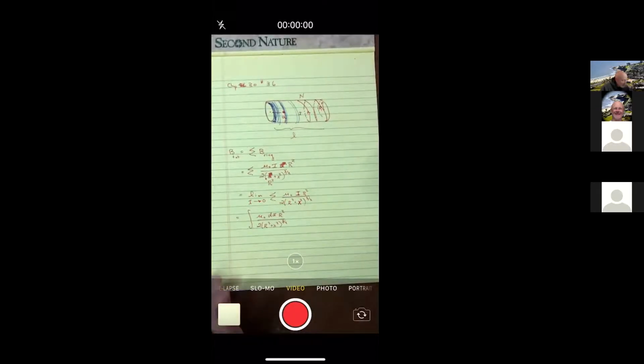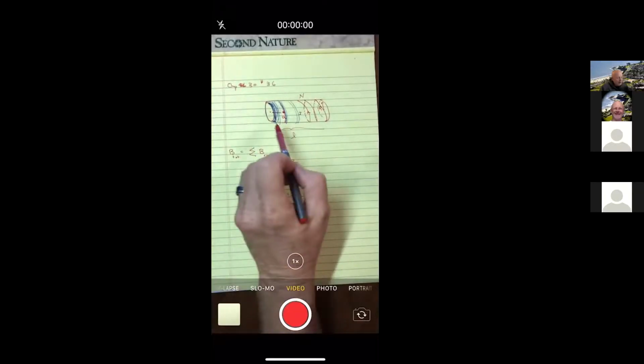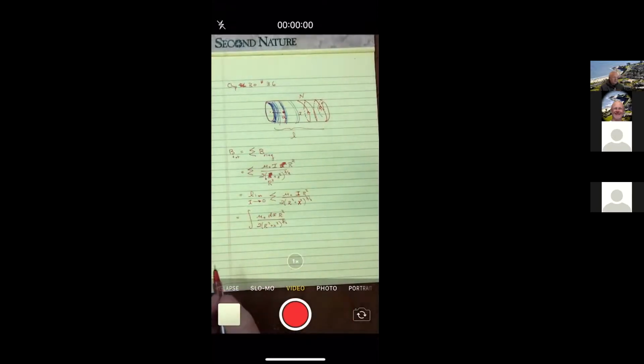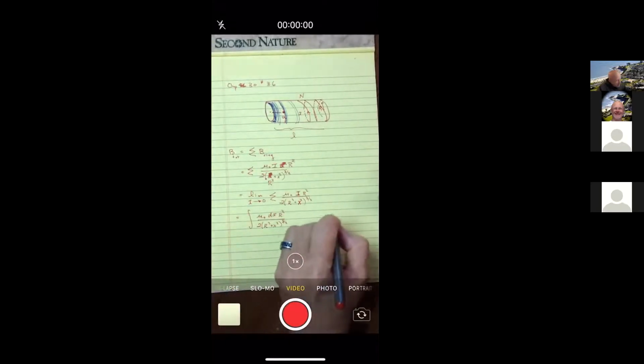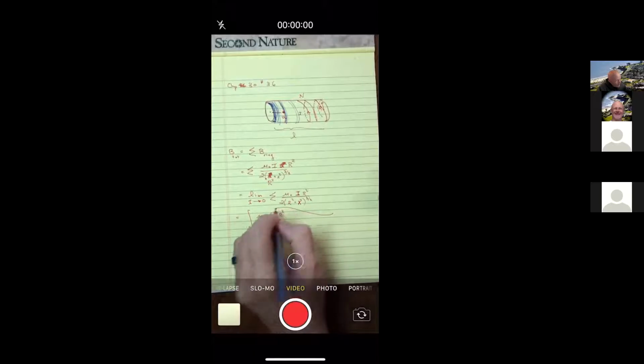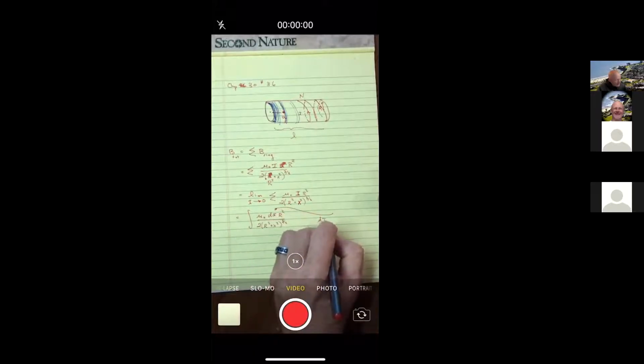I know why it was tempting. It was tempting because to do this integral, you're going to say, well, I'm going to add up over the x-axis, and that's true. So somehow we have to convert this di and figure out how it's related to dx. That's kind of this magical step.